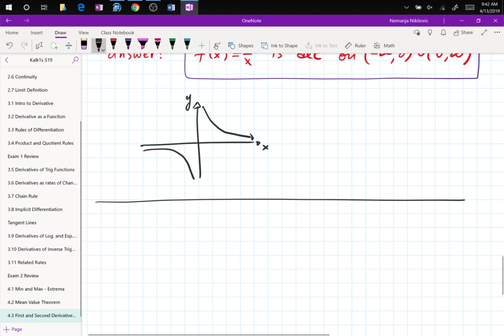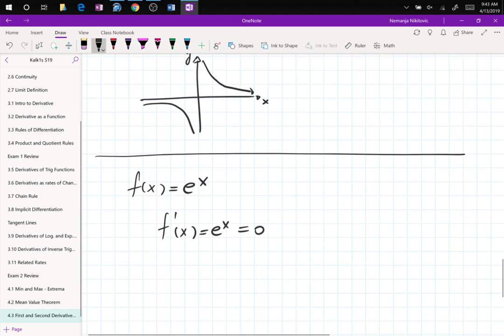How about we look at e to the x, right? So f of x or y equals e to the x. All right, so what's the derivative? Set equal to 0. What is x? Well, if you take ln of both sides, you get ln of 0. ln of 0 is negative infinity, so no solution.